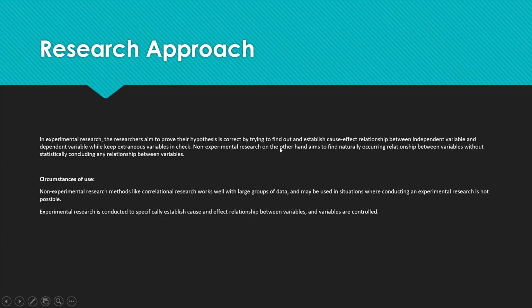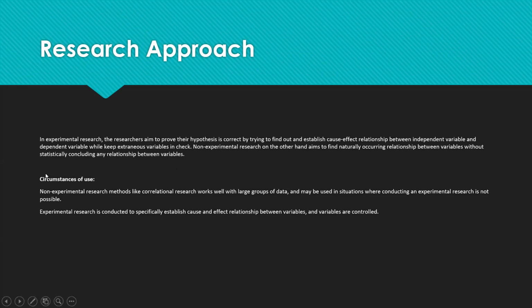Non-experimental research, on the other hand, aims to find out naturally occurring relationships between variables. It doesn't aim to manipulate variables, and it doesn't statistically conclude any relationship between the variables. It's on the loose ends, always.